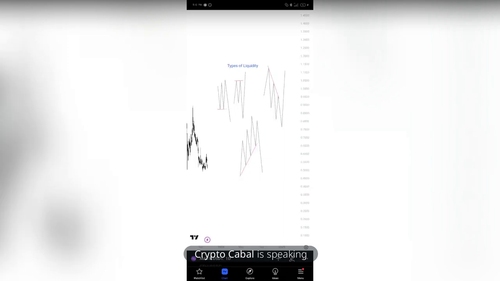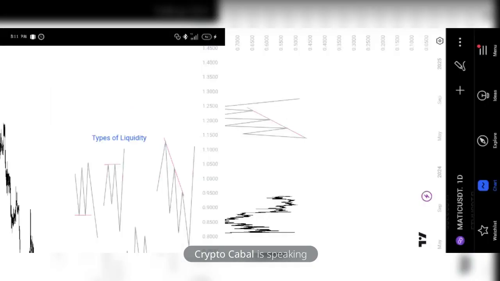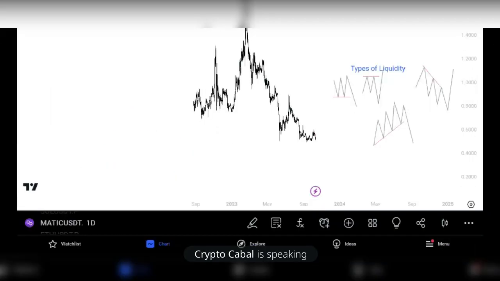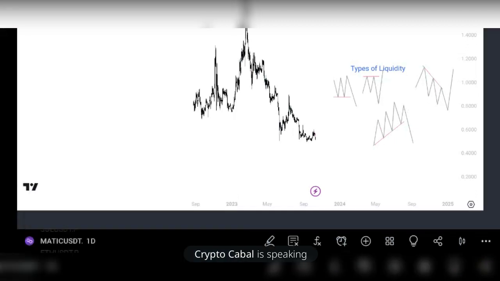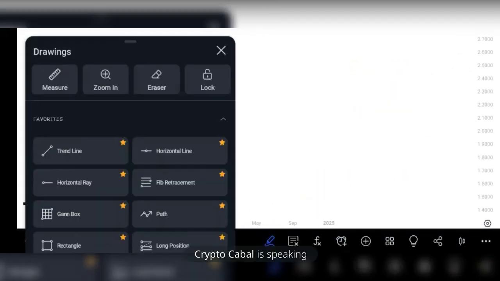So this is my TradingView app. I already have some markups on it. So welcome to today's session on liquidity.